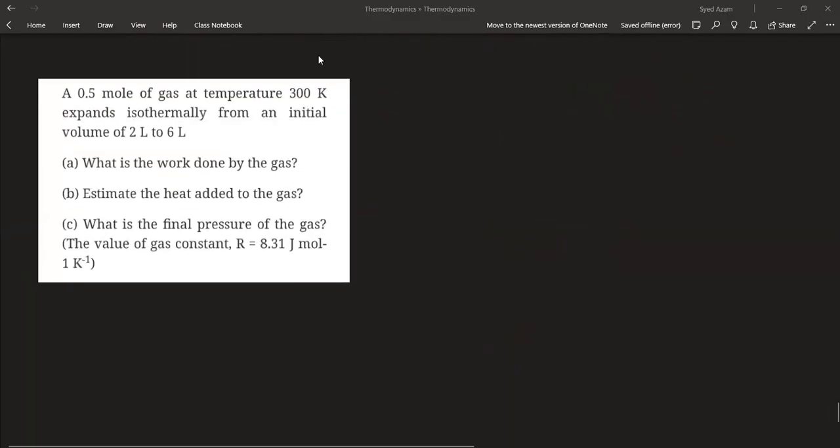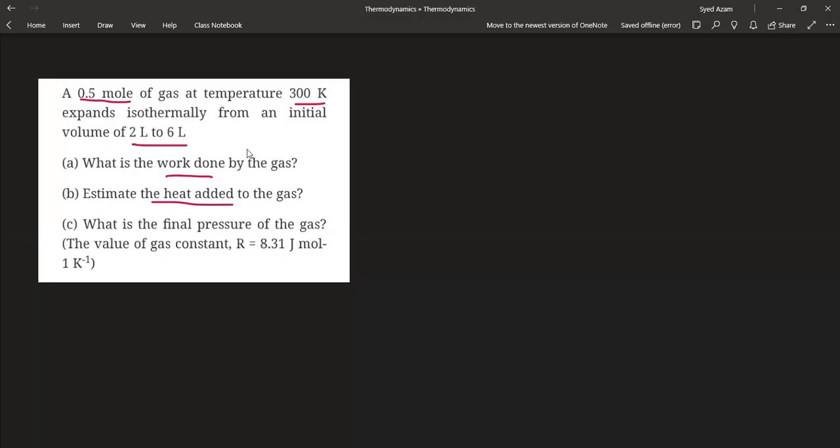Okay, class, just the last question for today and for this chapter. This says that 0.5 mole of gas at temperature 300 Kelvin. Okay, 0.5 moles are given. Temperature is 300 and it is expanding isothermally from an initial volume of 2 liters to 6 liters. It is saying what is the work done by the gas, estimate the heat added.